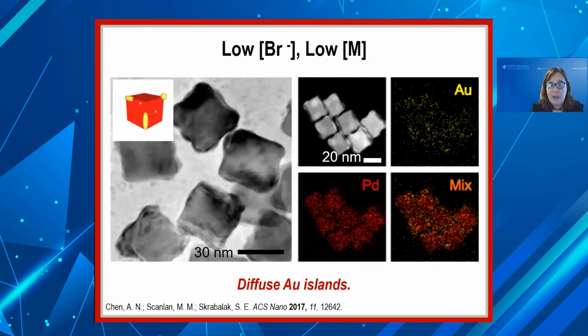Now we can change to low bromide concentration, low metal concentration. So the low bromide means that the faces are available for metal deposition in addition to the vertices, but there's not that much metal available. So it may force some degree of selectivity. But what we found is that we just really had diffuse gold islands all over.